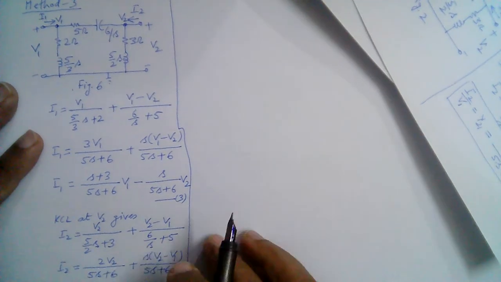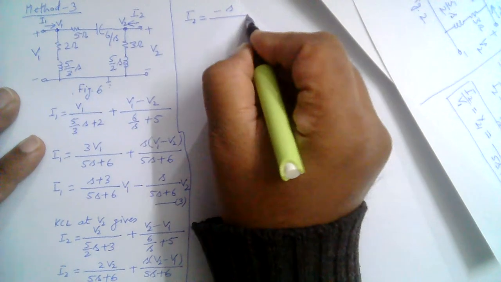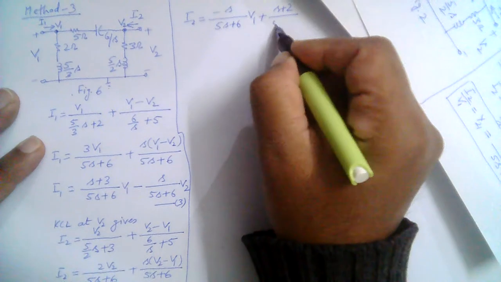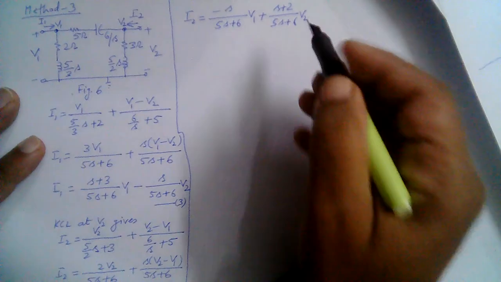So this becomes I2 is equal to 2V2 over 5s plus 6, plus s into V2 minus V1 divided by again 5s plus 6. So we combine the terms for V1 together and V2 together, and we can rewrite this: I2 is equal to minus s over 5s plus 6 V1, and then for V2 we have sV2 plus 2V2, so plus s plus 2 divided by 5s plus 6 V2, right? So let me call this equation 4.